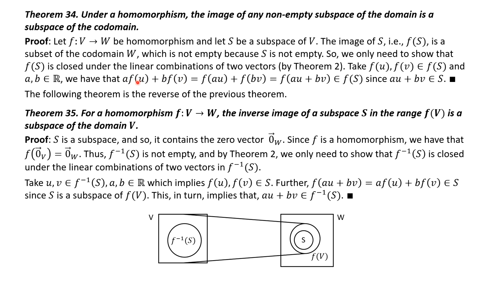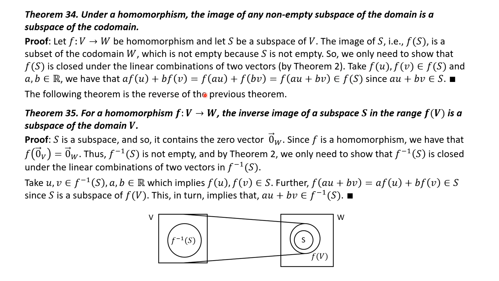Then we can bring a into the argument and b into the argument because F is a homomorphism. And then we can combine these two arguments again because F is a homomorphism. This equals this. And then this is an element of F of S since au plus bv is in S. And so in other words, this linear combination is an element of F of S, and that proves our theorem.